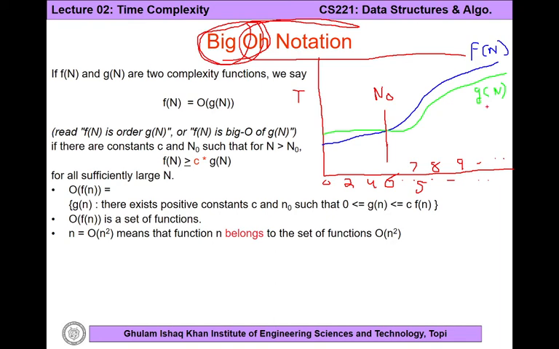If you see the example of a hypothetical student and the topper of the class, this f of n is the topper of the class, and this g of n is a different student in the class. So this value of g of n is always less than this f of n. So f of n is the asymptote of g of n, right?